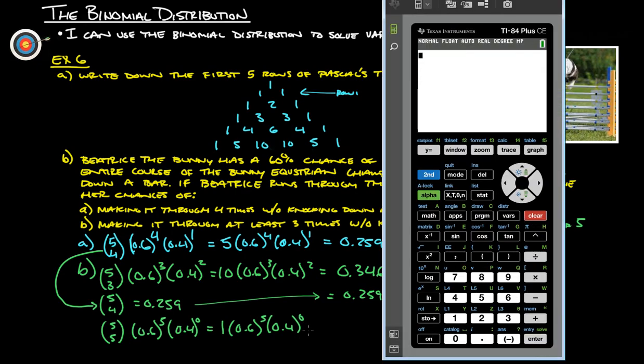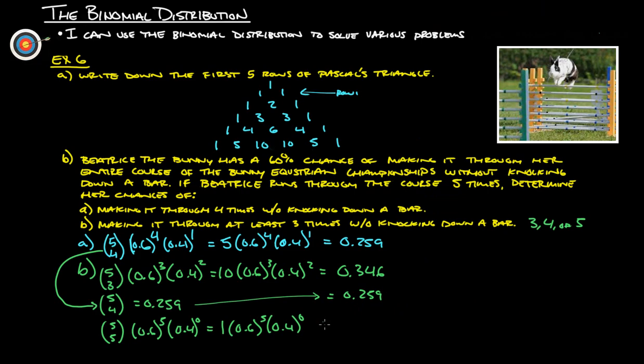So to do that, we don't have to multiply by the 1. We just take 0.6 to the 5th power, and anything to the 0 power is just 1, so we really just have to do 0.6 to the 5th, and that gives us 0.078. And now we add these all up, not this one here, just these right here.